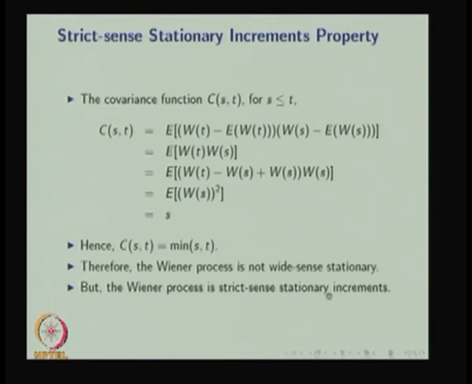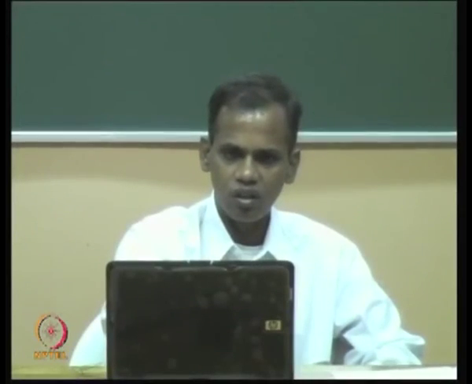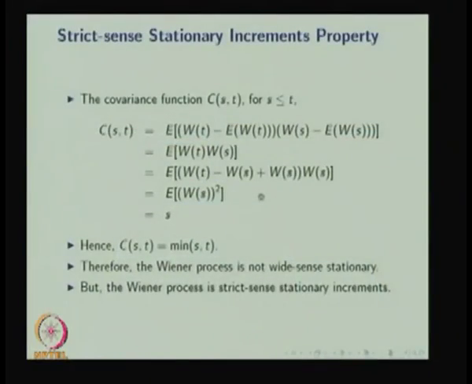For every h, the increments satisfy the condition that the joint distributions are the same as the original joint distribution as well as the one shifted by h. Therefore it is going to be strict sense stationary in increments. And using the covariance function, we conclude it is not wide sense stationary.